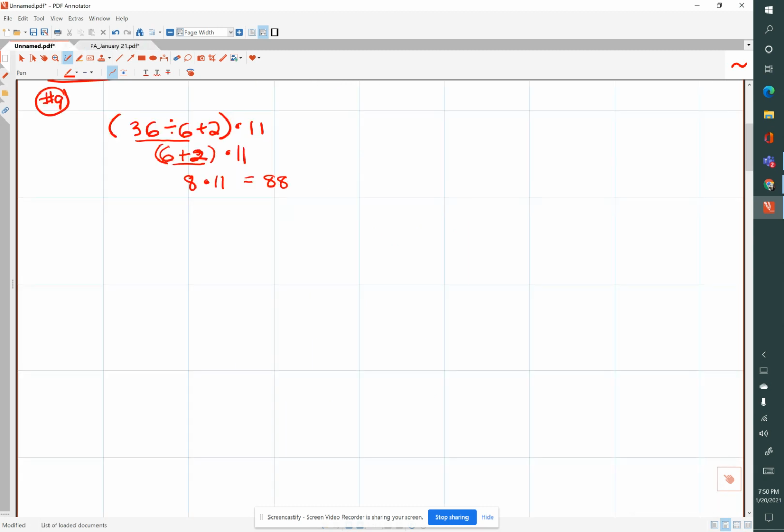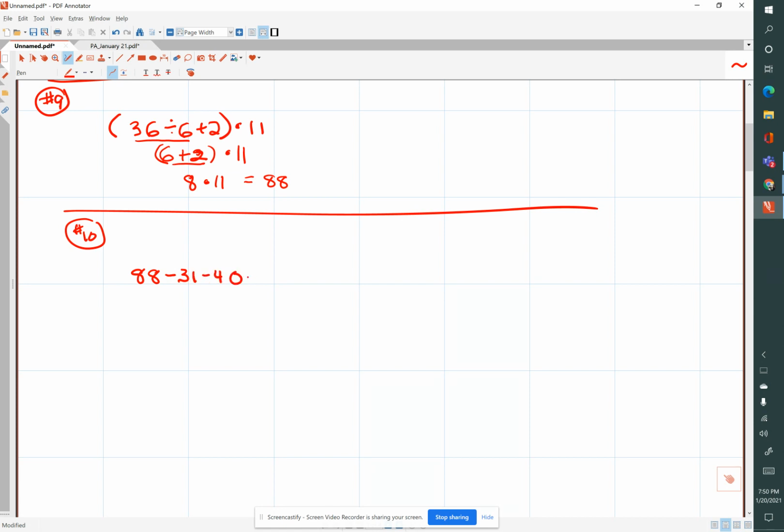And again, we're going to use the scrap paper. And number 10 is 88 minus 31 minus 40 divided by 2 equals, and it's supposed to equal 37, but let's check it out. So 88 minus 31 minus 40 divided by 2, we have to start with the division. 40 divided by 2 is 20.